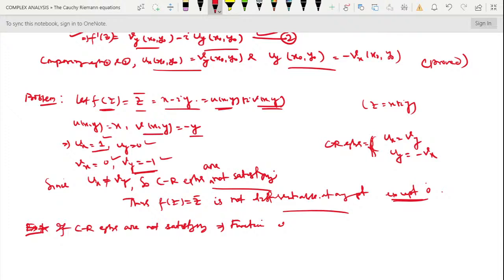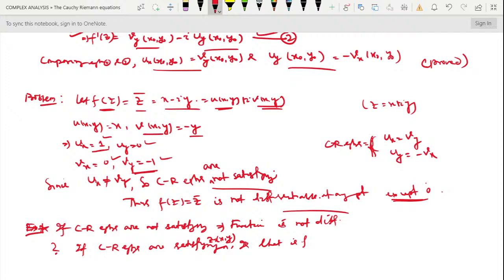Okay, so there is a question mark. If the CR equations are satisfied at a point z, is the function differentiable at z?